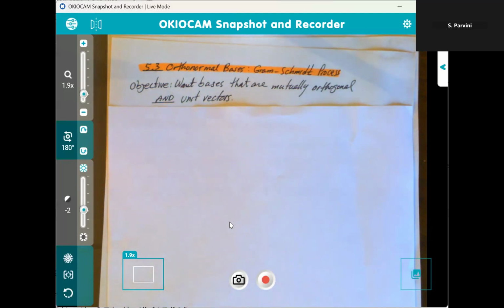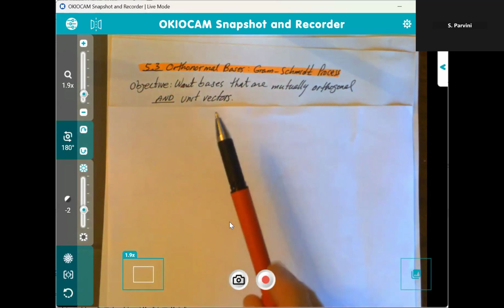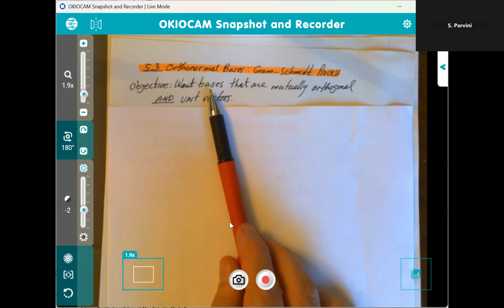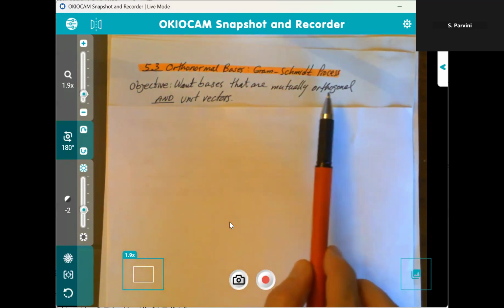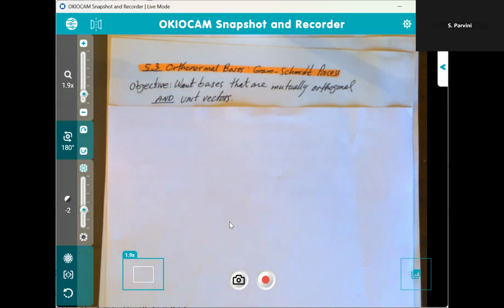I've written what our objective is. We would like to be able to find bases that are mutually orthogonal and have unit length. In other words, the vectors in the basis each will have a magnitude of 1. That's all that is.